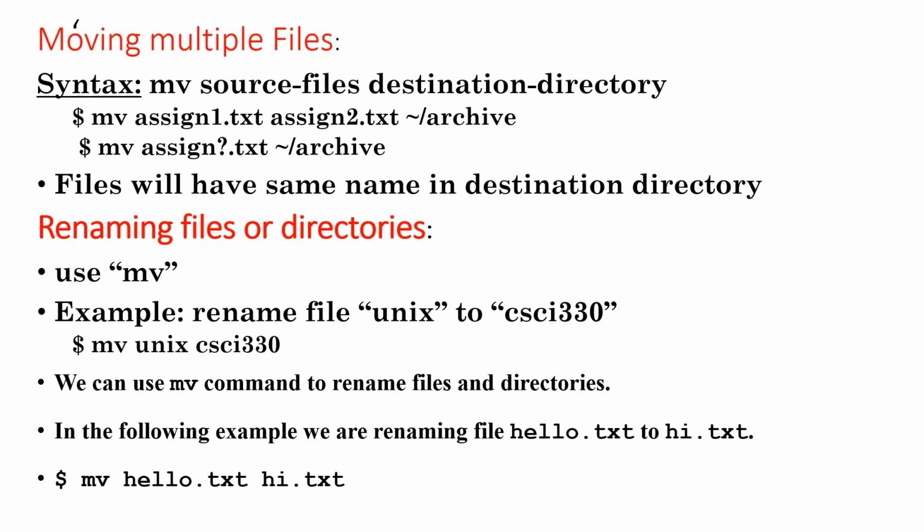The following example shows renaming file hello.txt to h1.txt. mv hello.txt h1.txt transfers the content of hello into h1.